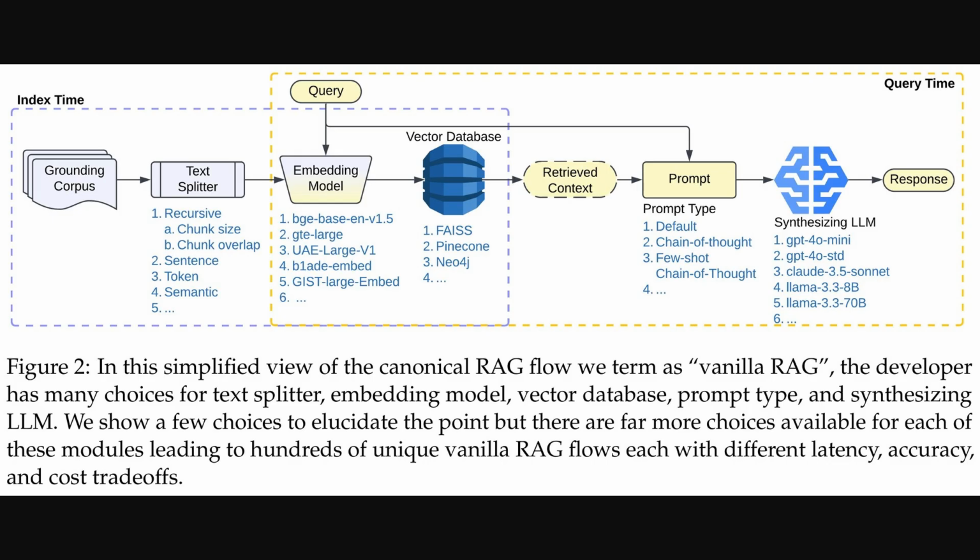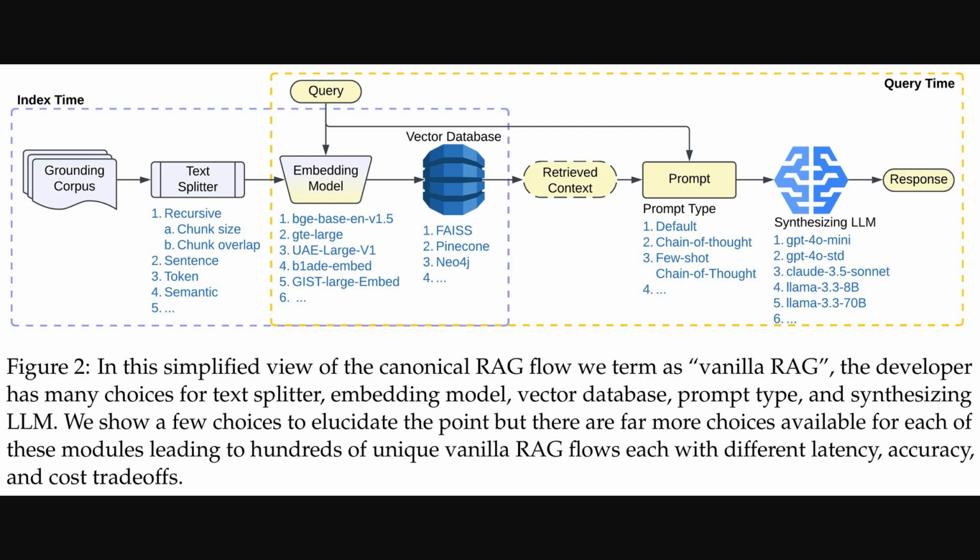Then, at query time, when a user asks a question, that query is processed by an embedding model. An embedding model transforms the text query into a numerical representation or vector that captures its meaning. This vector is then used to search a vector database, which is a specialized database designed to store and efficiently search through these numerical text representations to find the most relevant pieces of information from our grounding corpus.